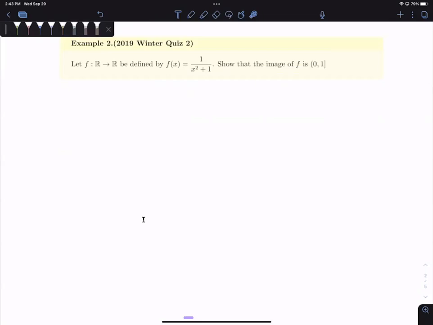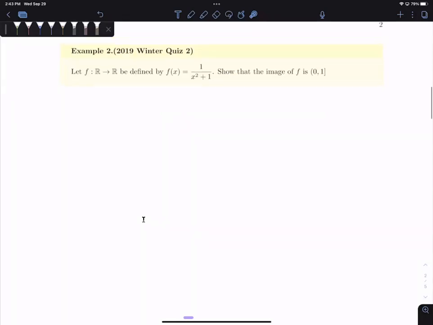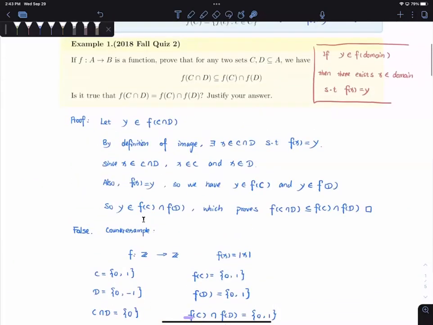I have a question. Regarding your theory on how to know if the answer is true or false, if we go back to the first question, in order to prove that it's true, the question has two steps. Prove that the left-hand side is a subset of the right-hand side, and then it asks if they're equal and to prove it.